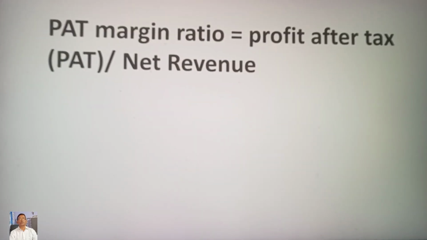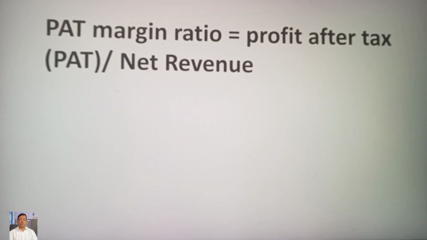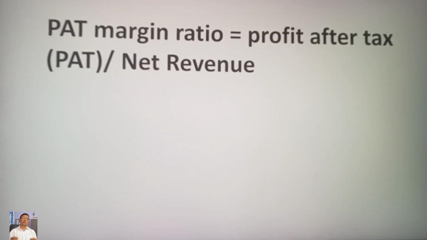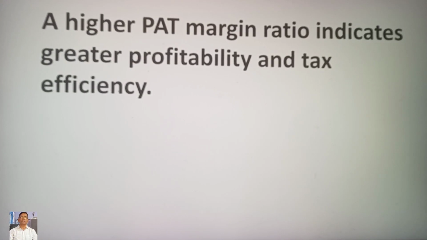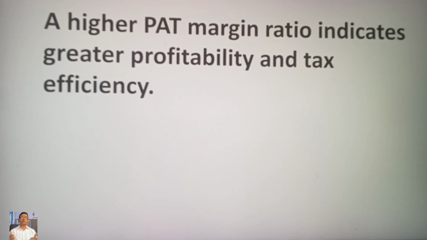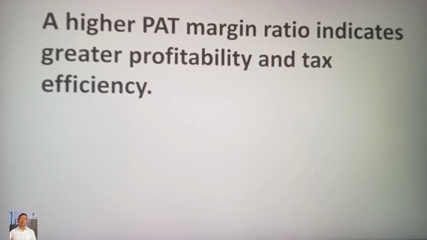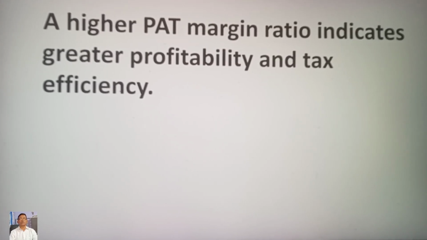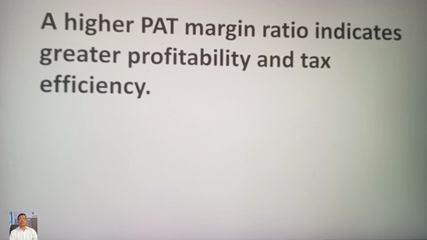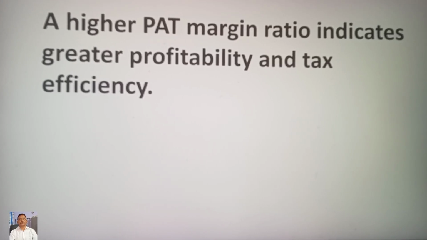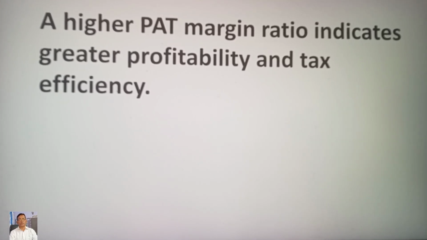So, PAT margin ratio is equal to profit after tax, PAT, divided by net revenue. A higher PAT margin ratio indicates greater profitability and tax efficiency, whereas a declining PAT margin ratio indicates challenges with cost control or weaker after-tax profit growth. PAT margin ratio analyzes true bottom line profitability after income taxes are paid.